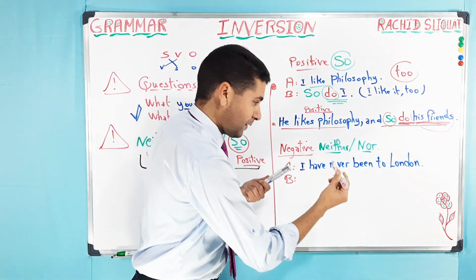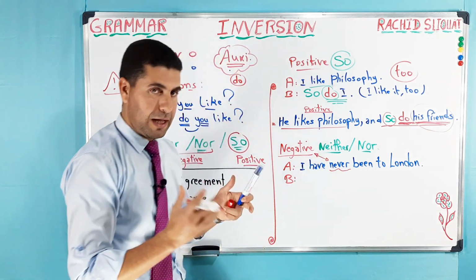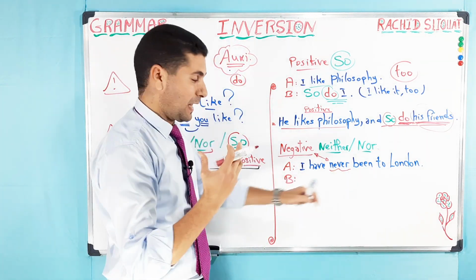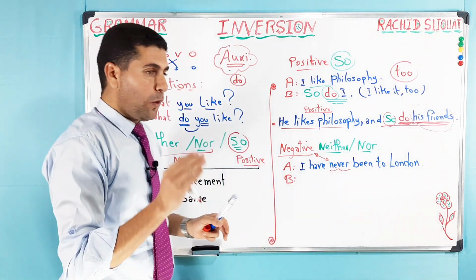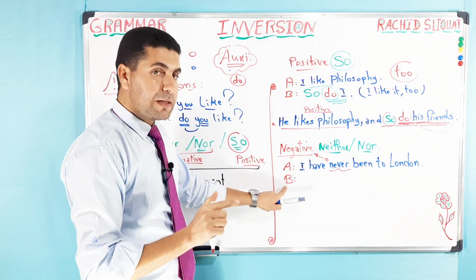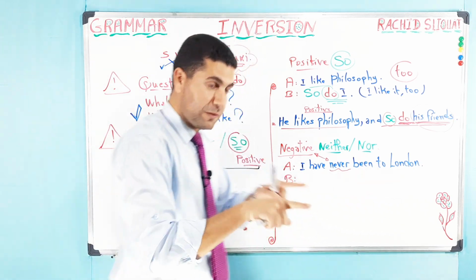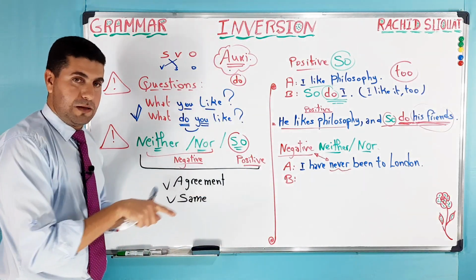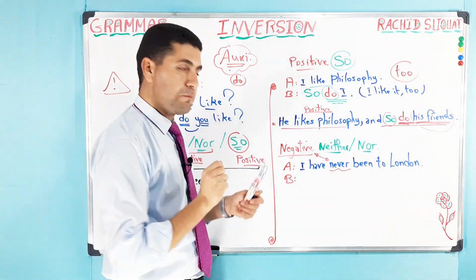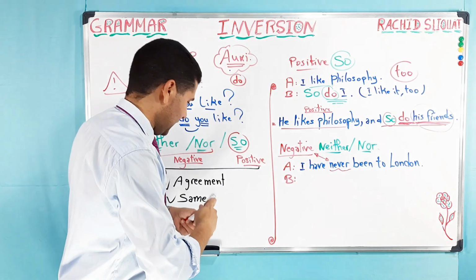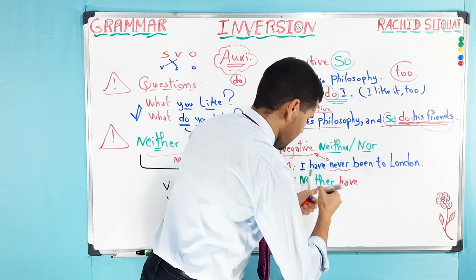As I have just said, never is something which is negative. It is a negative adverb. I have never been to London. Now if B too has never been to London, which means there is sameness and agreement, he can answer in a very simple, short way. He may say, "Neither have I."